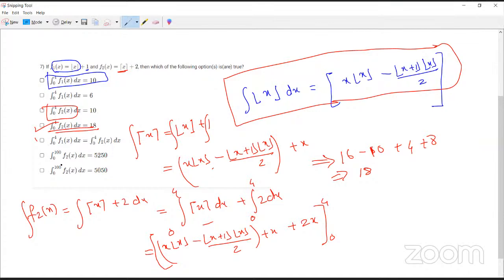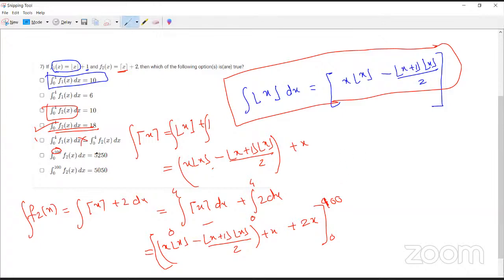Okay, this one we have checked. For 0 to 100, what we have to do? Just instead of 4, put 100. Are you getting it? What will I get?